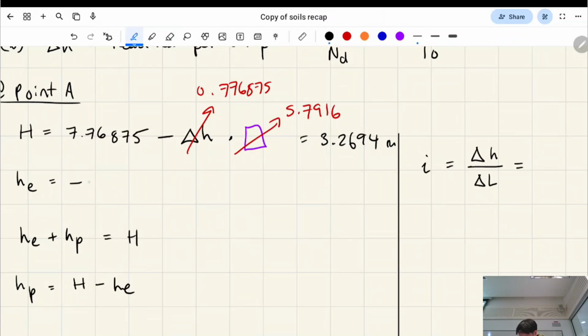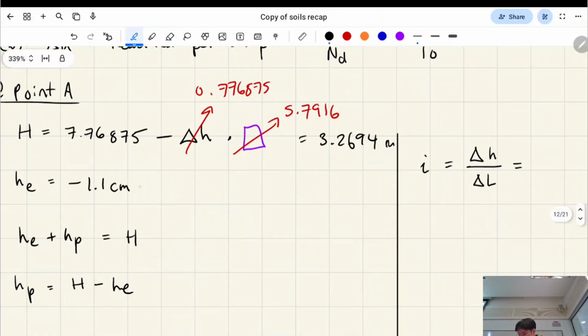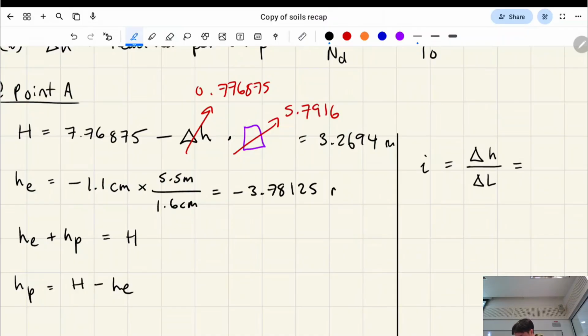The idea is that we have a negative elevation, because we go from our datum down. So it's 1.1 centimeters, but we have to convert it. That gives us a negative elevation head, right?